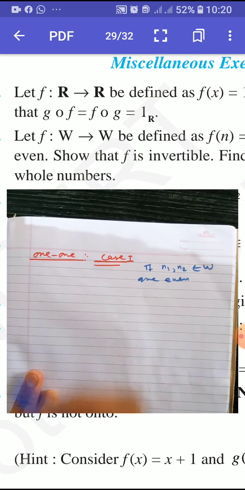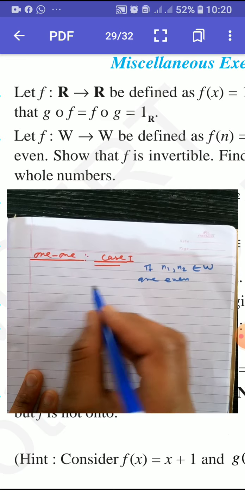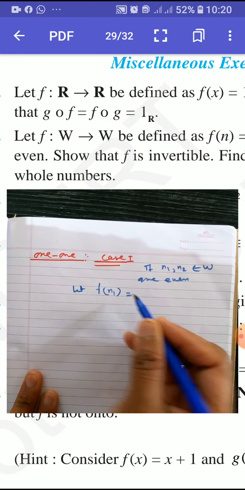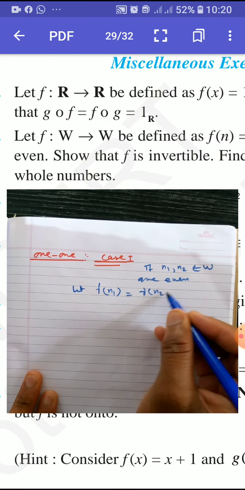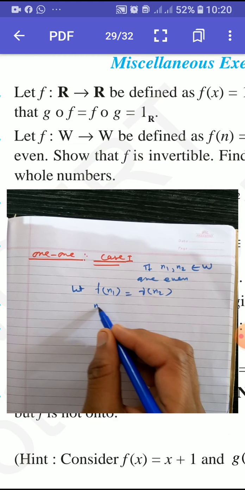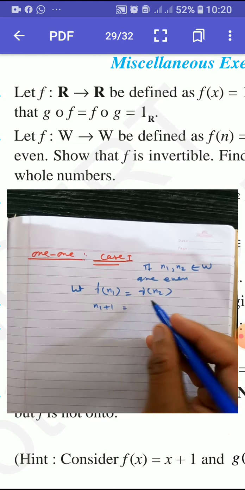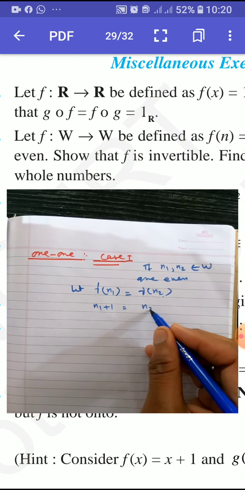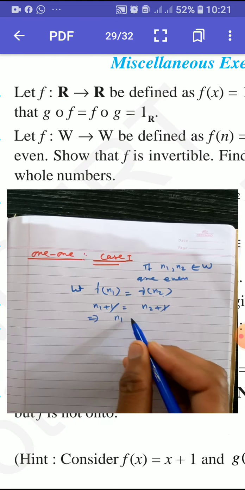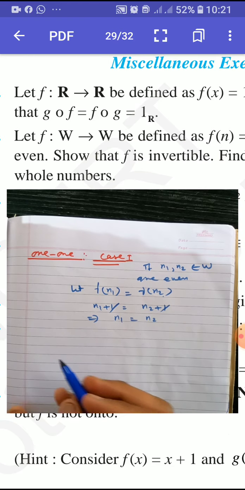So let f(n1) = f(n2). In the even case, f(n1) = n1 + 1, and f(n2) = n2 + 1. The plus 1 cancels, which implies n1 = n2.